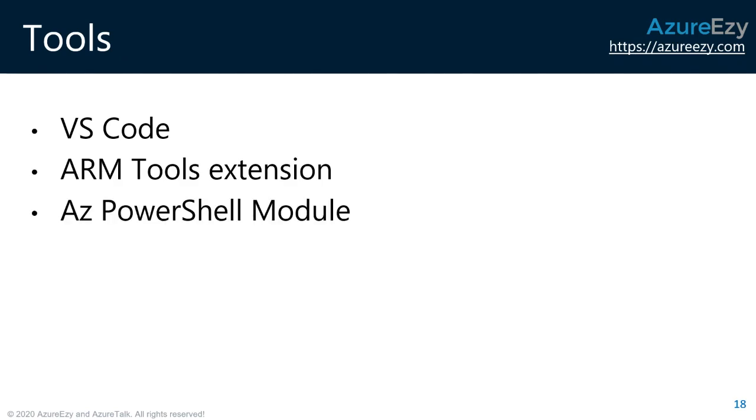Now, when you work with Azure ARM templates, you might need various tools. You must be using VS Code already if you are a developer. VS Code has a very nice extension called ARM Tools, which helps you develop your ARM templates just like any other extension in Visual Studio Code. It is another extension on the marketplace, released by Microsoft itself.